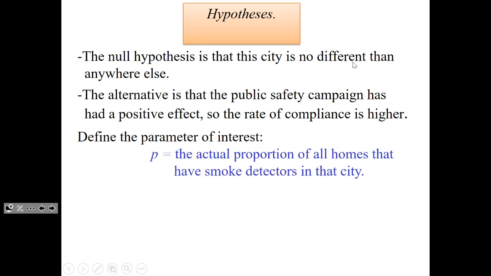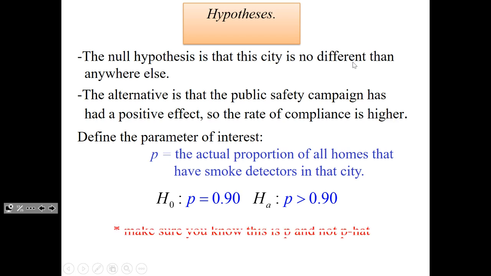I have to define my parameter of interest. p is the proportion of all homes that have smoke detectors in the city. So my null hypothesis is that p is 0.9, that we're no different than the national average. My alternative, what I want to prove, is that p is greater than 0.9. And again, make sure we're using p, not p-hat.